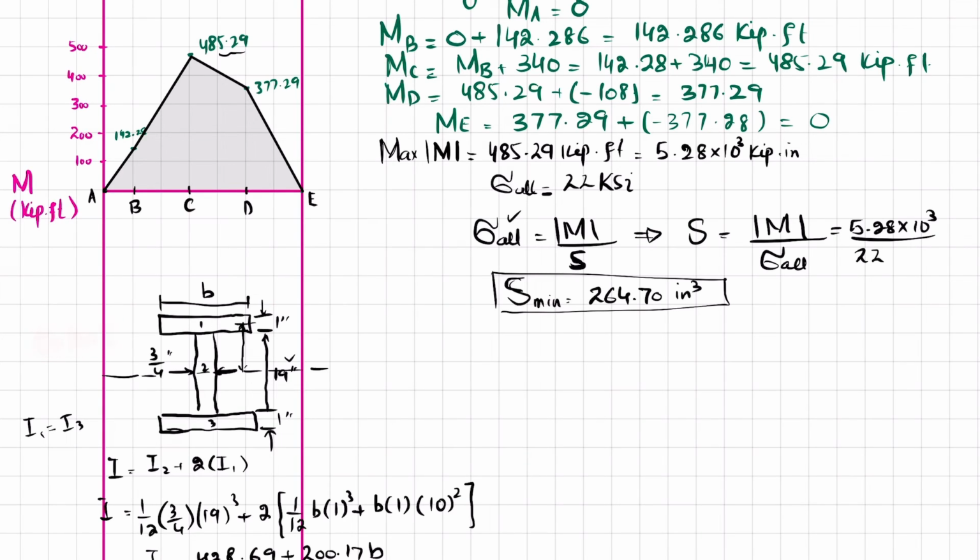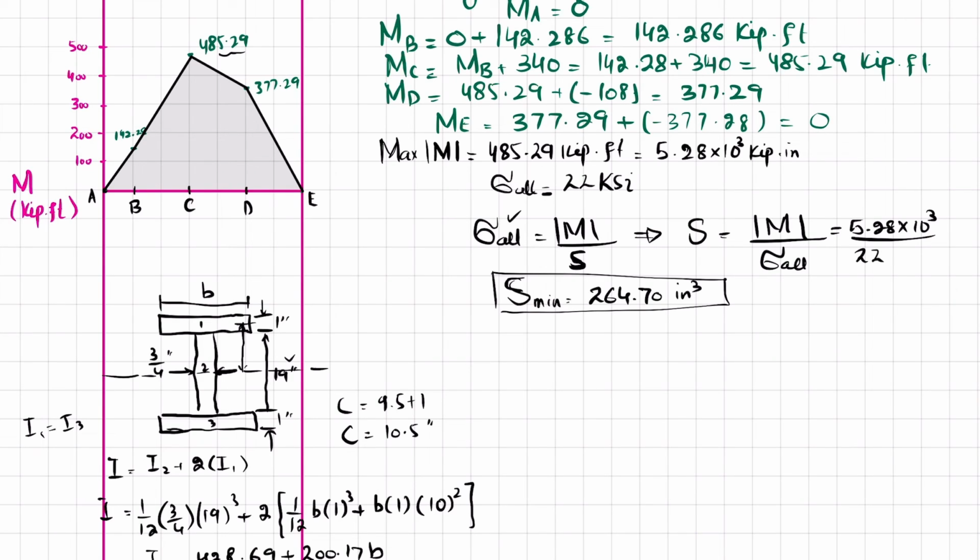How is it 10.5? Because the distance from here to here is 9.5 plus 1 inch. So I will also write C is equal to 9.5 plus 1, which is equal to 10.5 inch.